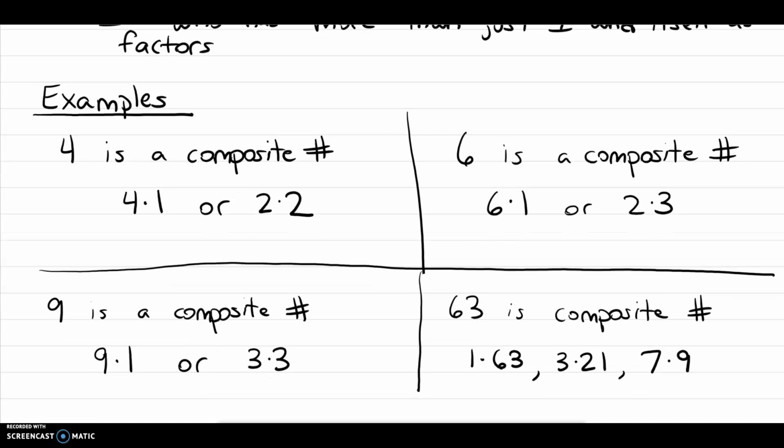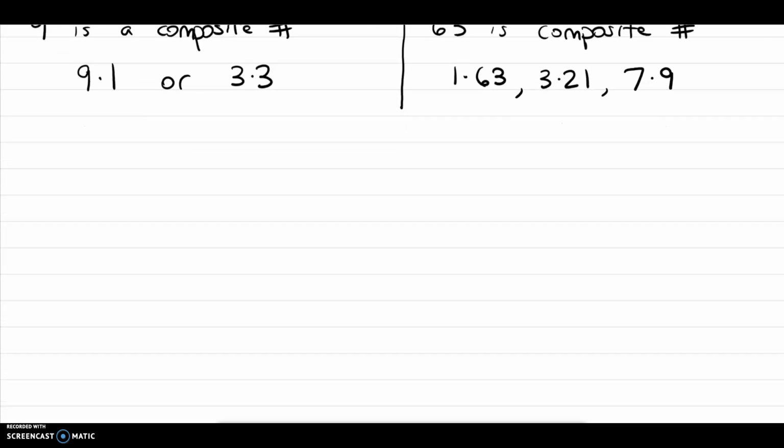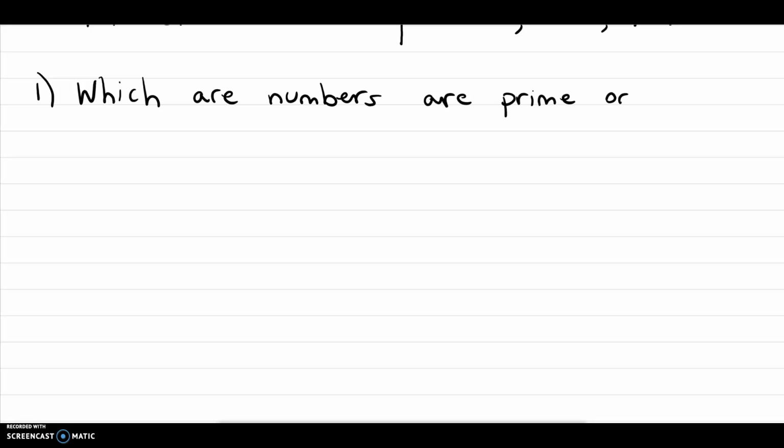So let's look at an example. Let's say I gave you a list of numbers and I ask you to identify: is it prime or composite? So let's give you 3 numbers.